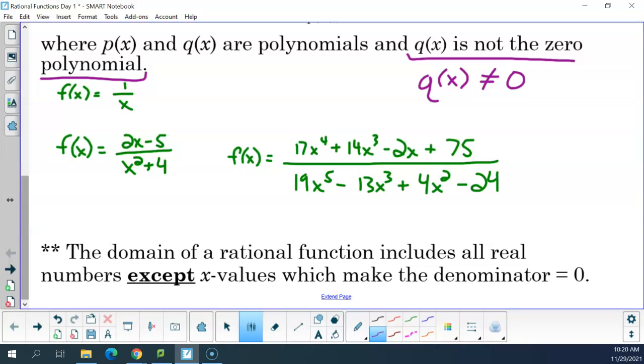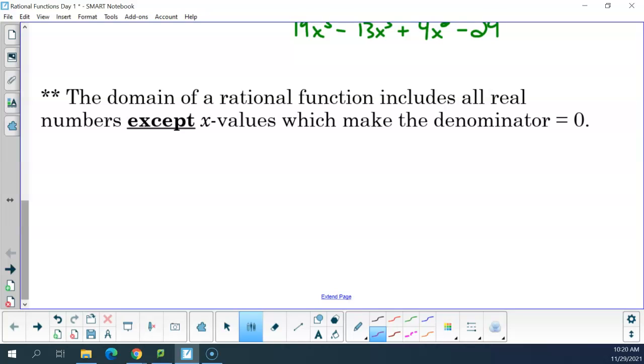Now, the first thing that we got to do with all of these problems, and again, we're building the framework here so that in 2 weeks we're all doing the exact same thing. First, second, third, fourth, fifth, bam, there's our graph.